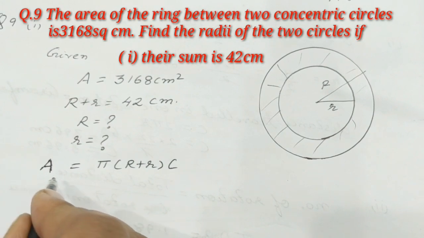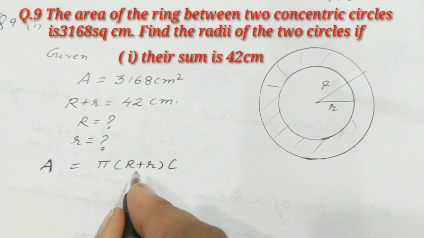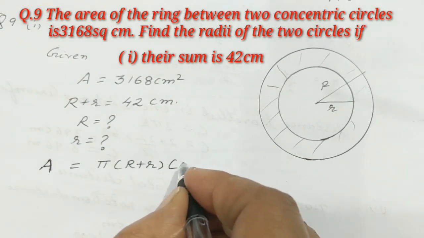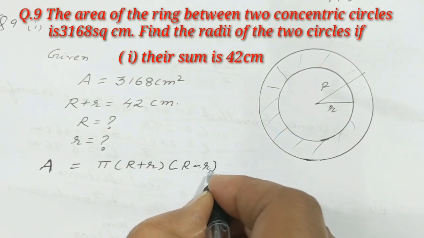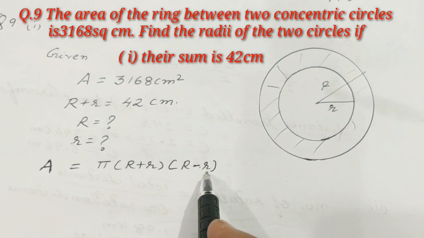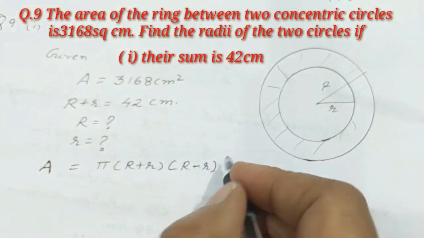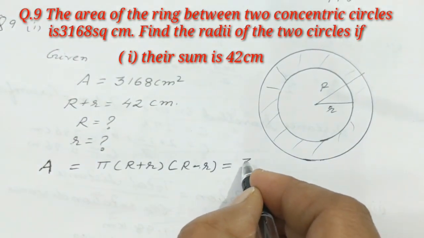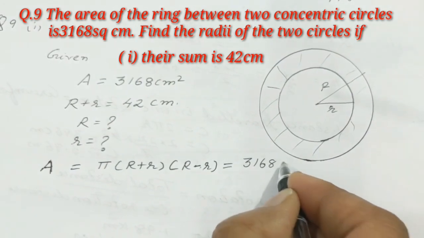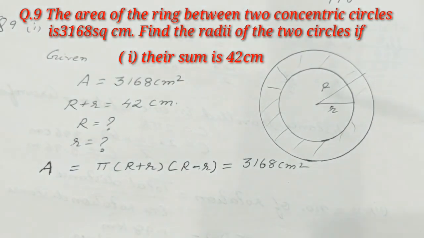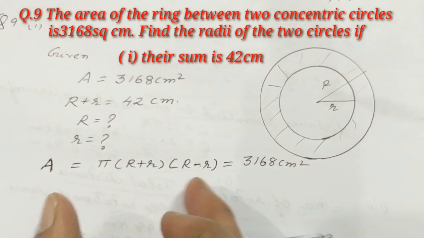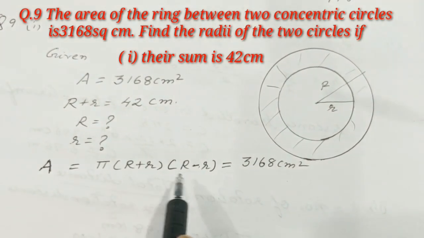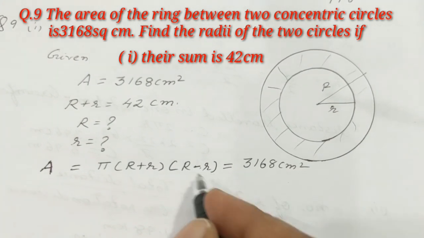What is the formula of area of ring, children? Pi into sum of the radii into difference of the radii, and this is equal to 3168 centimeter square. Clear?